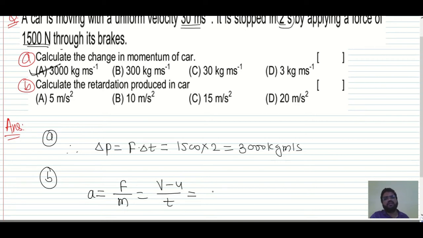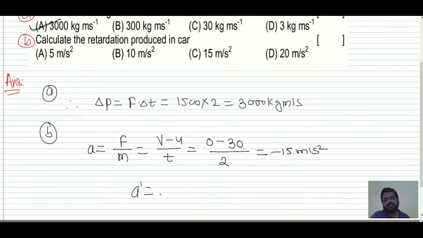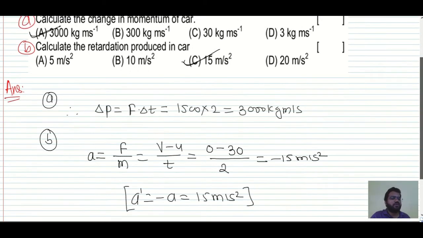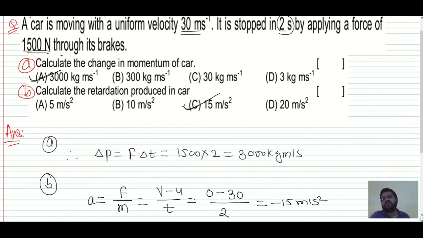So final velocity is 0 minus initial velocity 30, divided by the time 2, which is equal to minus 15 meter per second squared. So the retardation a dash is equal to the negative of acceleration, which is 15 meter per second squared. So I hope this is clear. So 15 meter per second squared is the correct answer for this question. Next question.